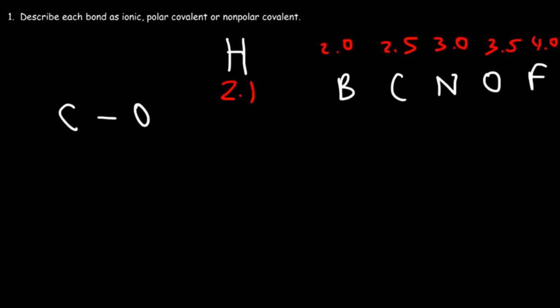These values are based on the textbook I'm using. Some textbooks might have slightly different values, but you want to use the values based on the textbook you're using. So carbon has an electronegativity value of 2.5, and oxygen has a value of 3.5.